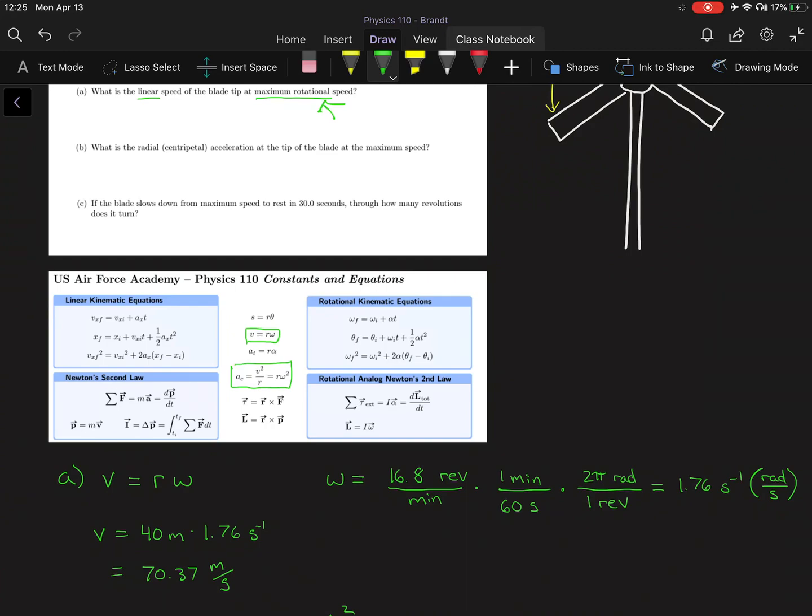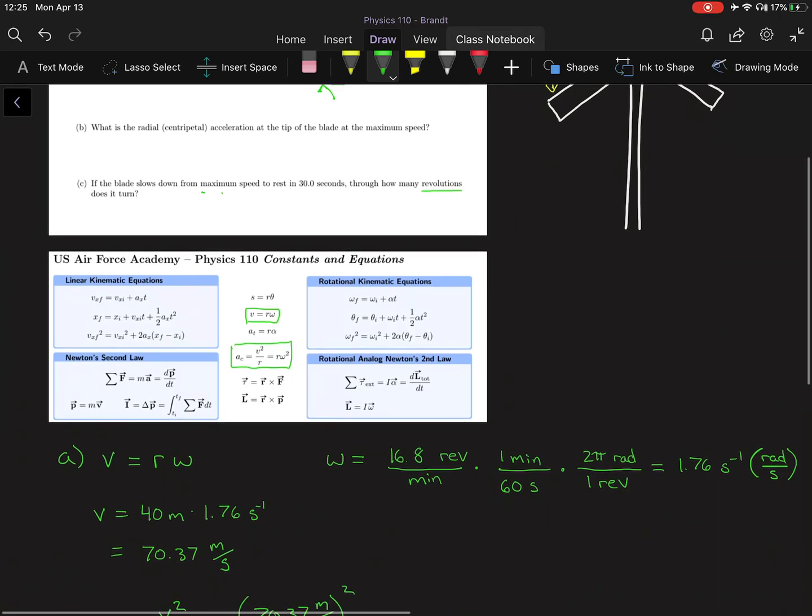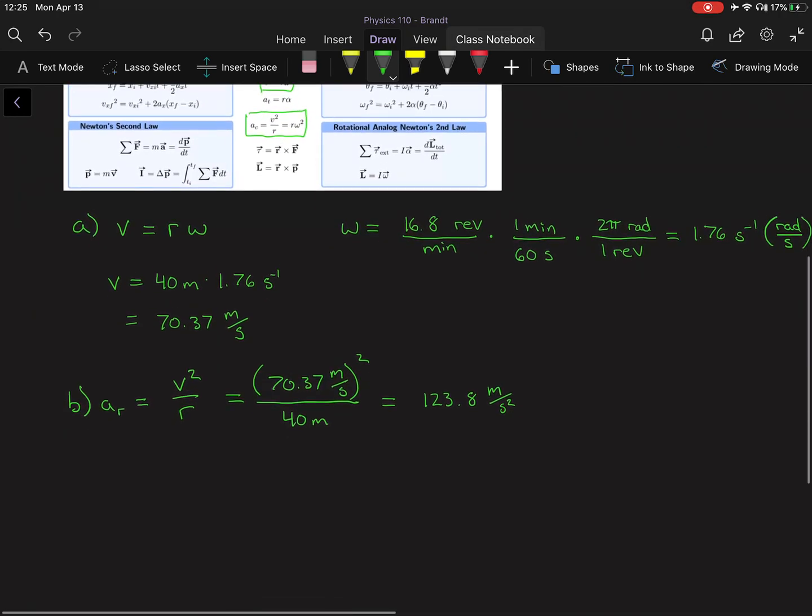For the last part, the blade slows down from a maximum speed to rest in 30 seconds. Through how many revolutions? So we know how many revolutions does it turn, and we're looking at maximum speed.